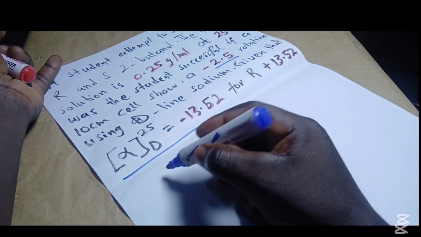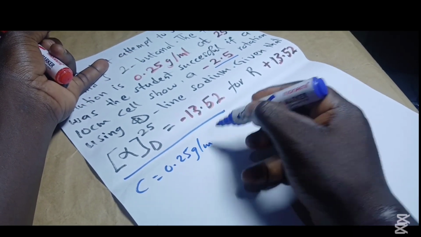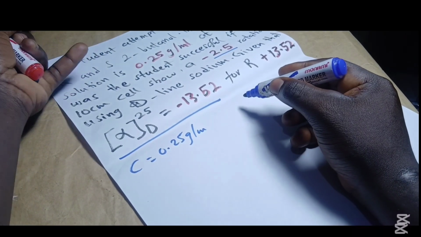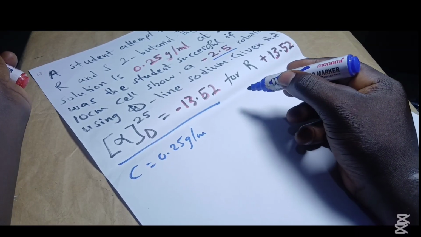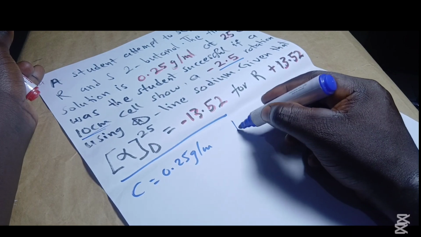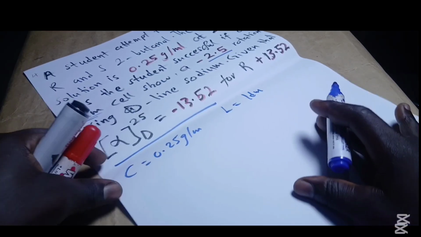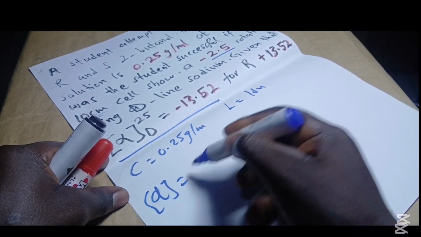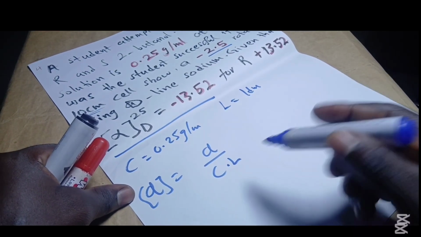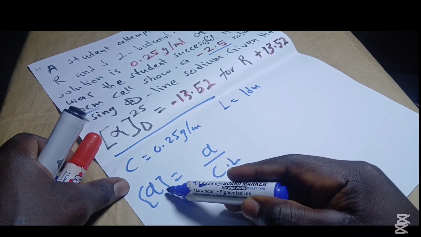So now we are given the concentration to be 0.25 gram per ml. Specific rotation is known, and the path length is 10 centimeters, which is 1 decimeter. So now we have specific rotation equal to observed rotation over concentration multiplied by path length. Now we know the concentration, we know the path length, and we have the specific rotation of the solution given.